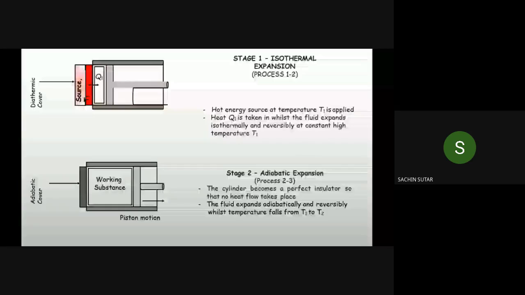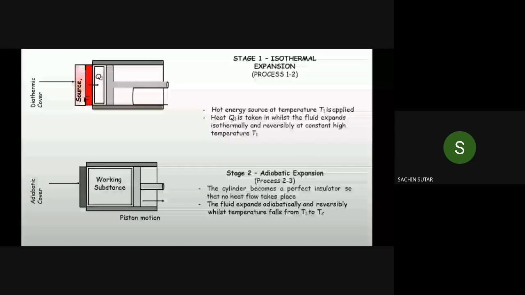So it is this diathermic cover. It is acting as a cover, and the first step is there. It is the 1 to 2 process, isothermal expansion.